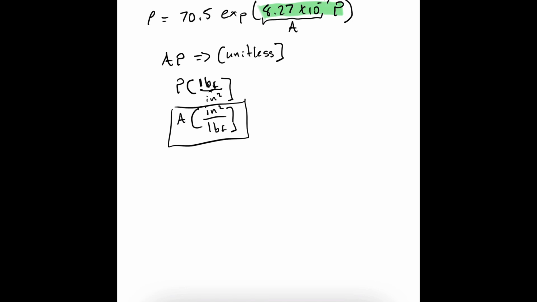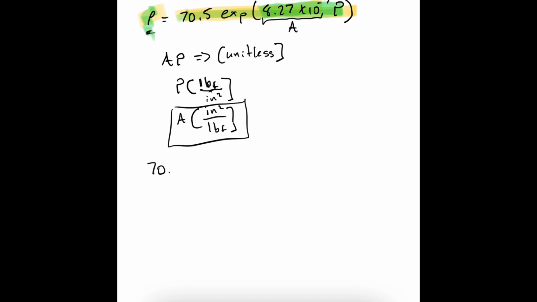Now, we know what the density's units are, and therefore, in order for the full expression on the right-hand side to have the same units as density, 70.5 has to have the same units as density, because the exponent term is unitless.